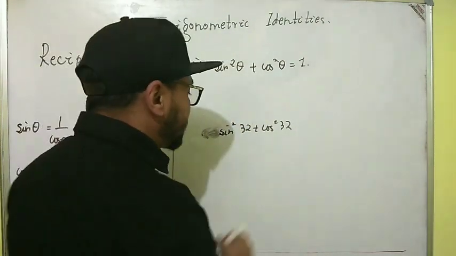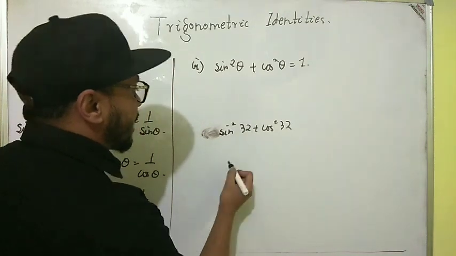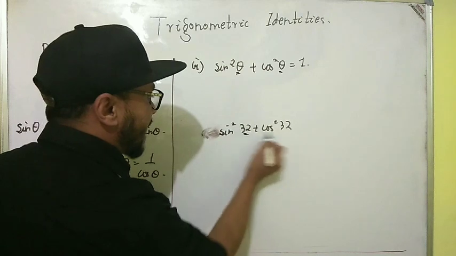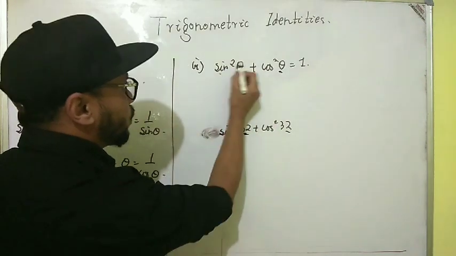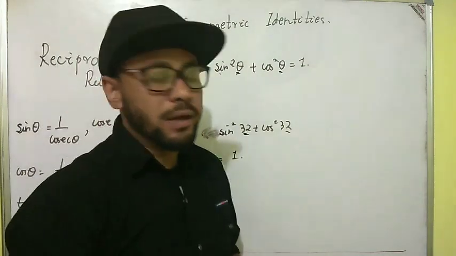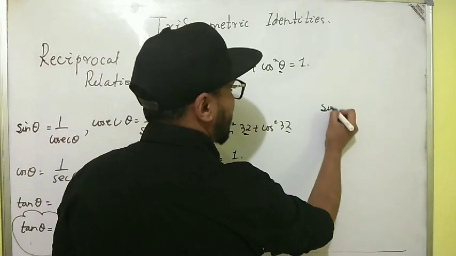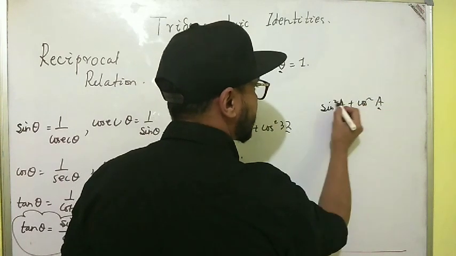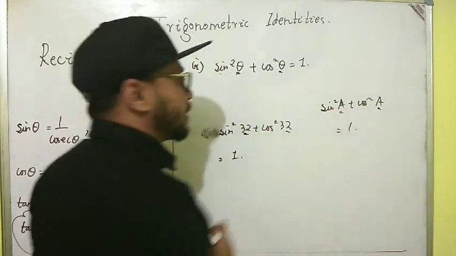Now, without doing any calculation, what we can write is, if theta represents an angle, if the angles are same and we have sine and cos with square, then we can directly write the value as 1. For example, sine square A plus cos square A. The angles are same and we have square, so we can directly write it as 1.